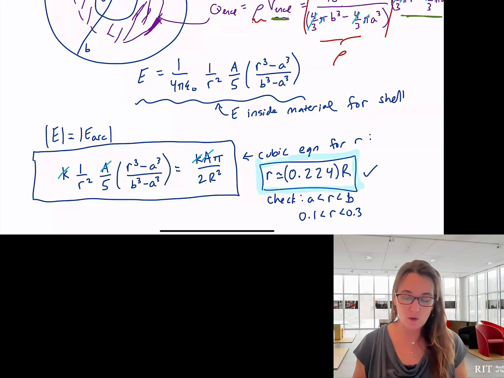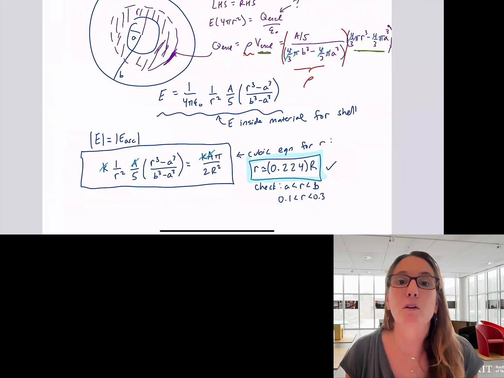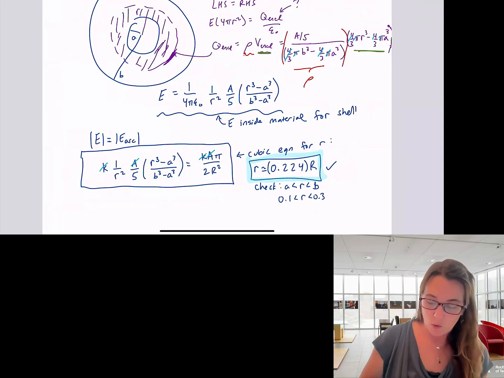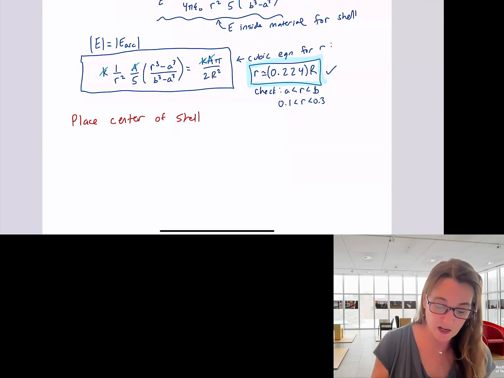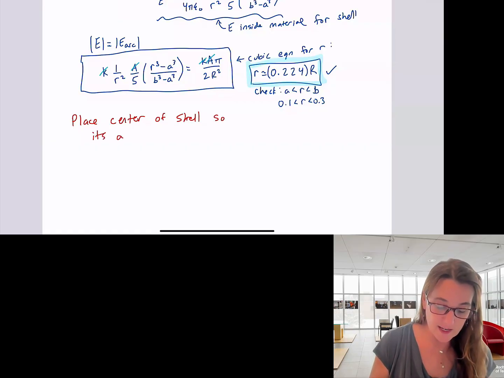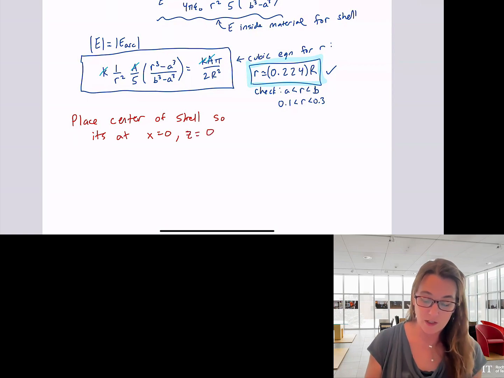So we have two locations where we could put our position. The final answer to this question would be that we would place the center of the shell at x equals 0, z equals 0, because we do have 3 dimensions here.